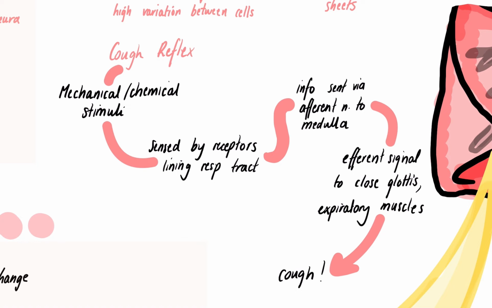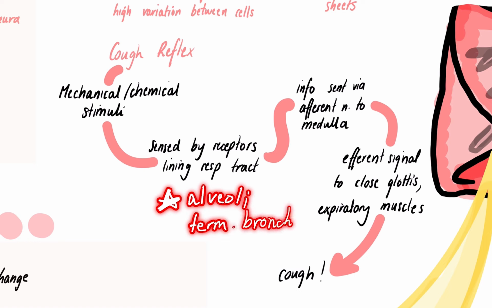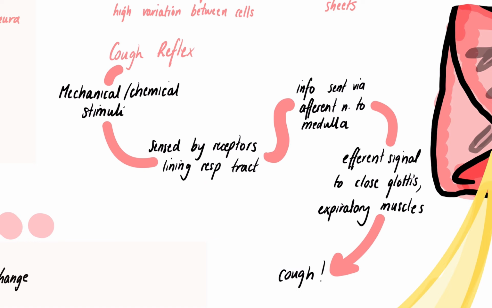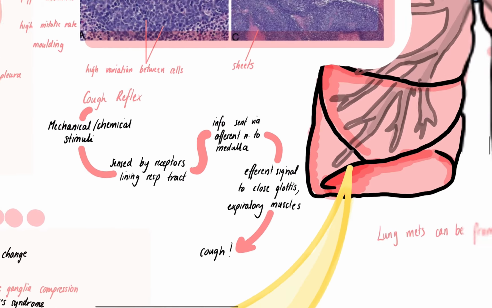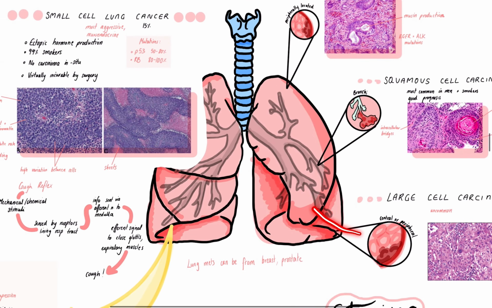I just wanted to note that there are no receptors in the alveoli or terminal bronchi. So say you had an adenocarcinoma in the periphery, it would have to be the mucus produced by the adenocarcinoma, which travels up into the bronchi and stimulates your cough receptors.